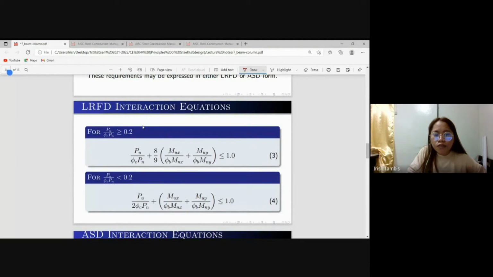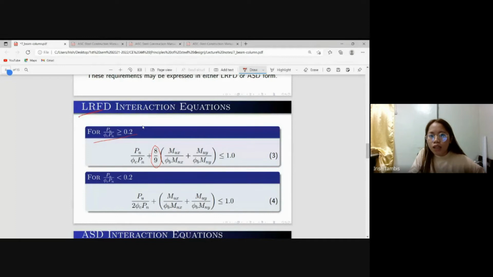This one for if the actual load is greater than or equal to 0.2, you have here the coefficient 8/9 at the moment term, multiplied at the moment term. So to apply this LRFD equation, the P sub R, no, as I've said kanina, will be P sub U, and the P sub C will be this phi times the nominal strength, no.